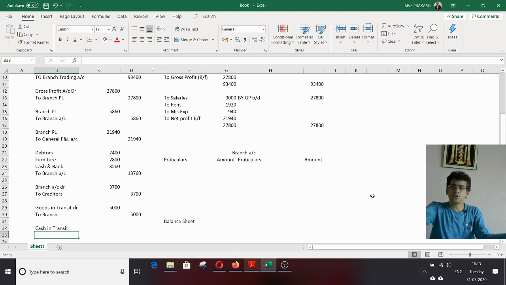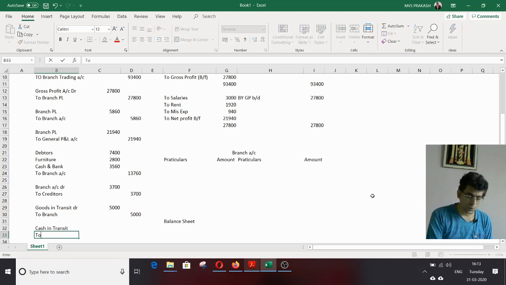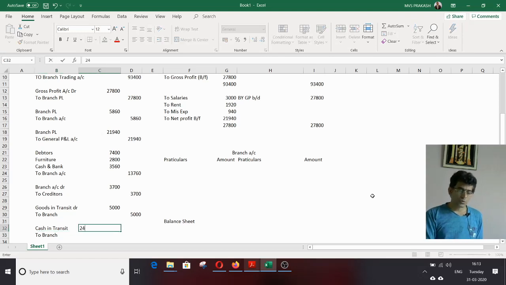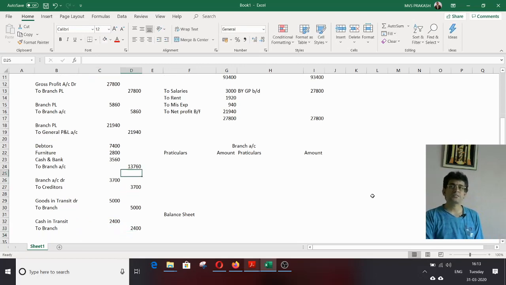Make the balance of the debtor, branch, equal, make the balance of the head office account equal, then you have to set off, and only then go for consolidation. So our objective is to make both the balances equal, trying to find out the differences. Now, to branch amounting to 2,400. So with this, the entries part is closed.